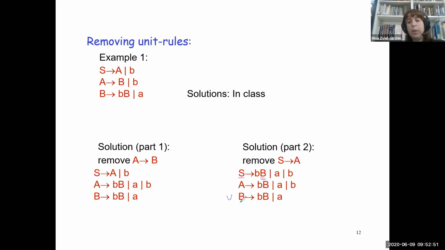I look at B. B at the right-hand side uses only B. So basically I can see that A is unreachable and I can eliminate it. If I can't derive A when I start building the parsing tree from the root S, and A is never reached, and A is not at the right-hand side of anything, so it can't be reached anymore, so I can eliminate A.